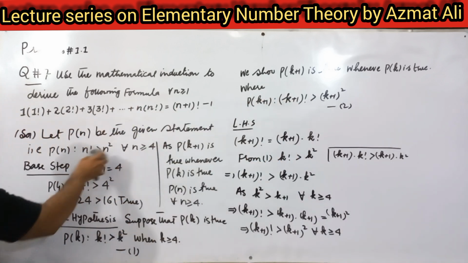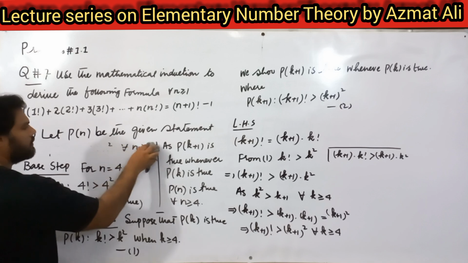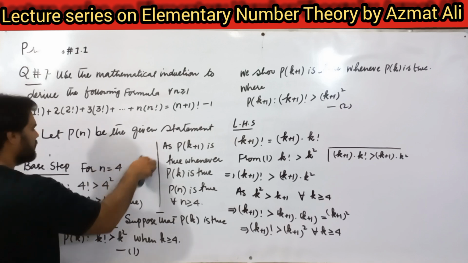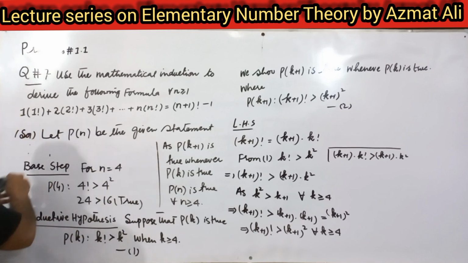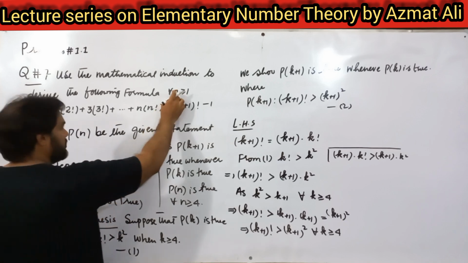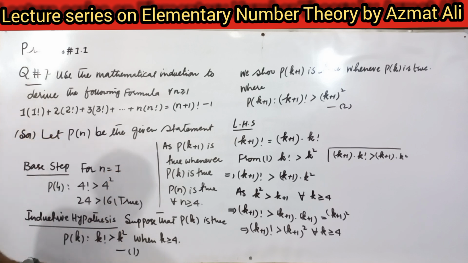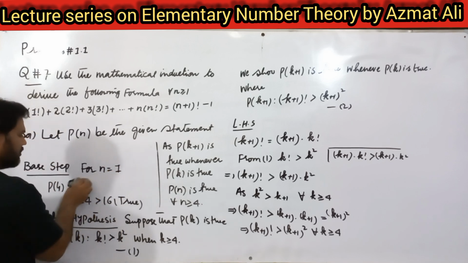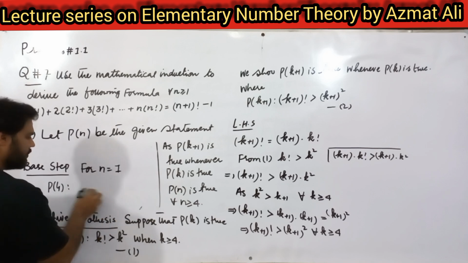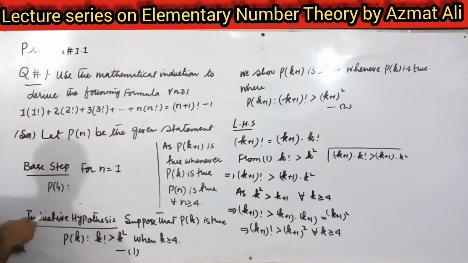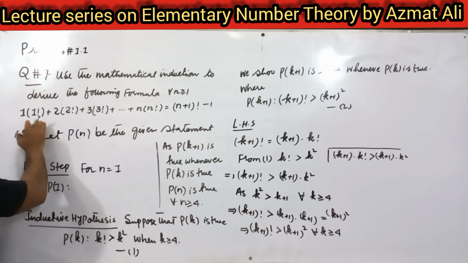You can write it as: first we use the base step. Now our integer is starting from 1, so we will write here n is equal to 1. When you put n is equal to 1 on the left side, we will take just the first term.